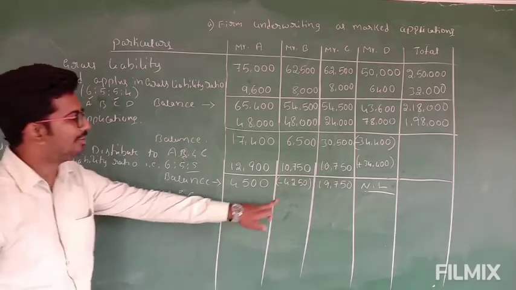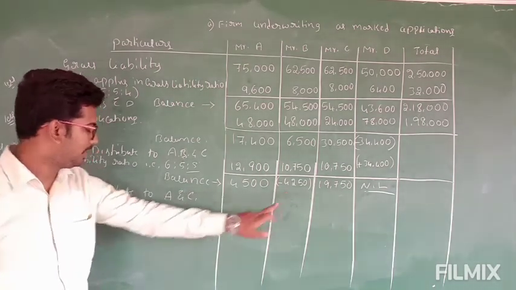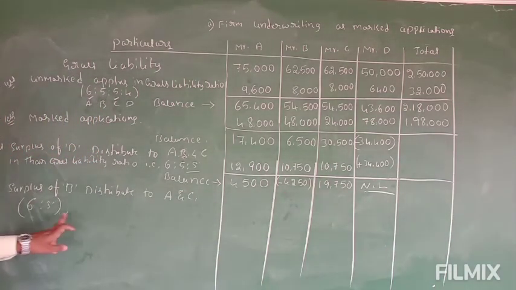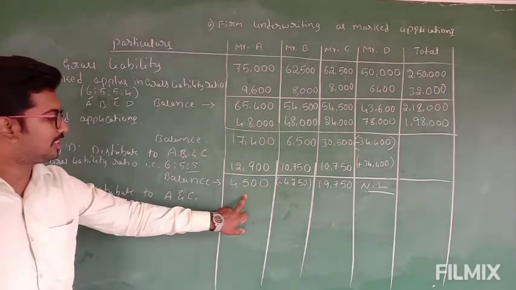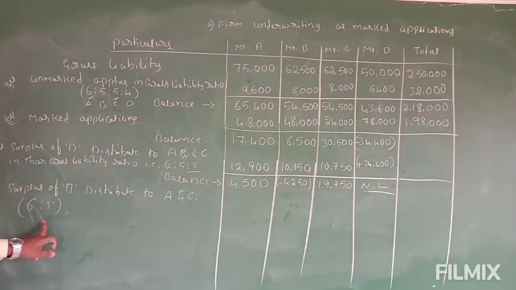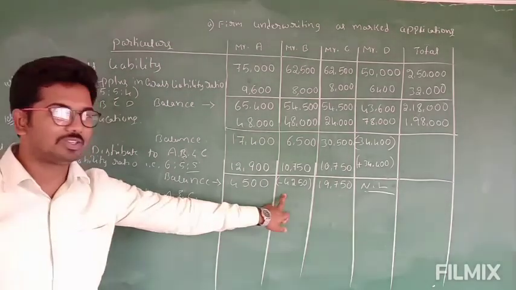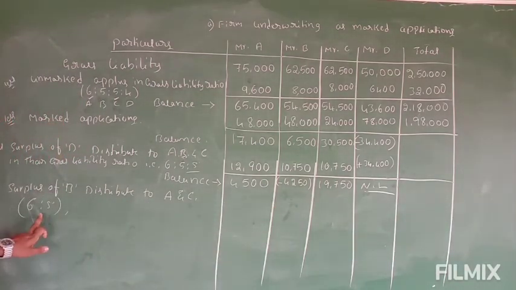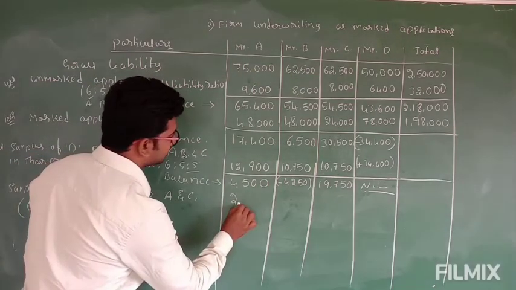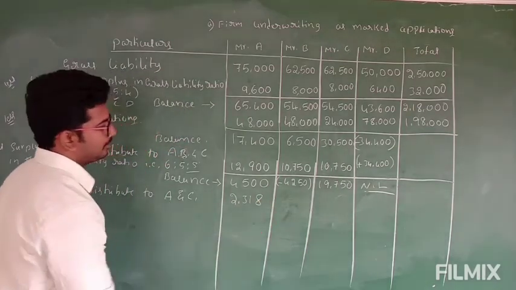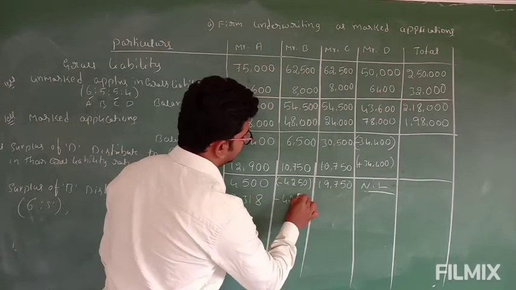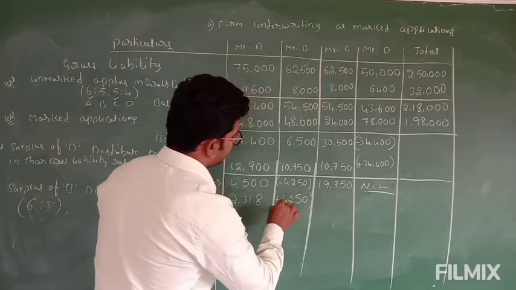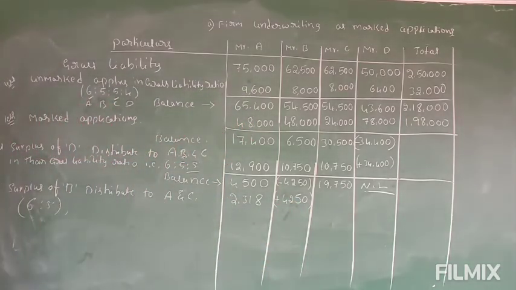So 4,250 has to be distributed in the ratio 6:5. So 6 plus 5 is 11, take 11 as the base. So 4,250 into 6/11, you will get 2,318. So here you will get plus 4,250.